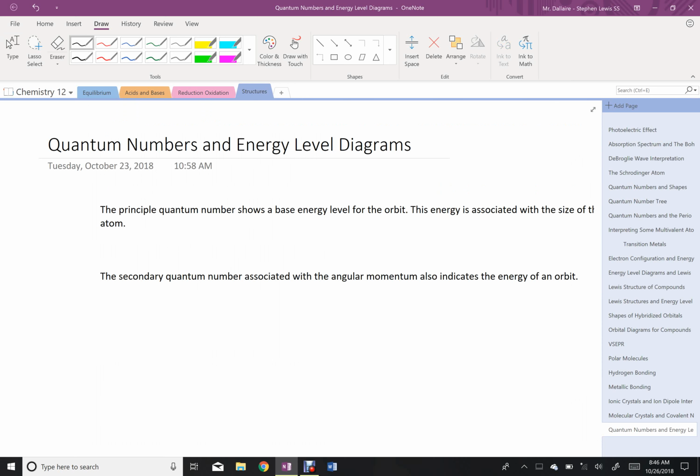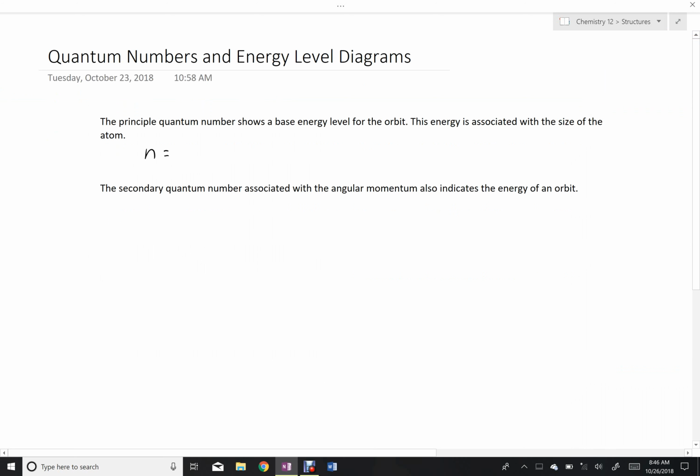Sorry about that. The principal quantum number that we call n refers to the main energy level or the size of the orbit. So n equals 1, n equals 2, 3. As we go up, we go to higher energy levels, right? So n equals 1 is the smallest, and that's the lowest energy.